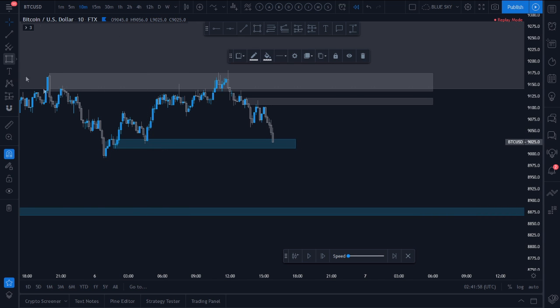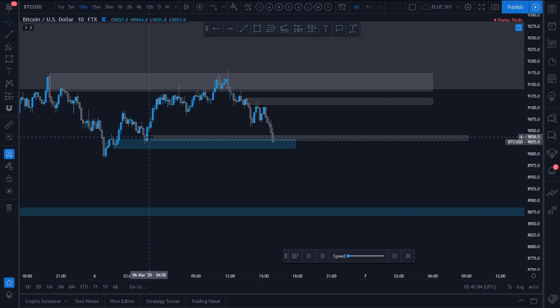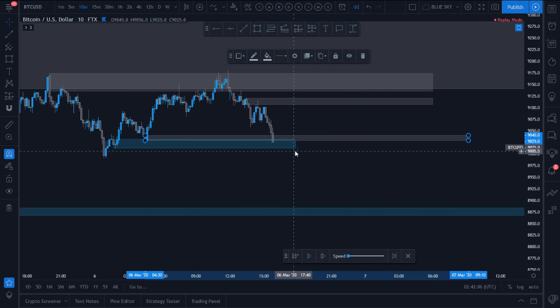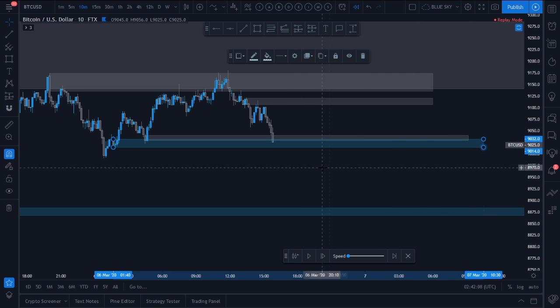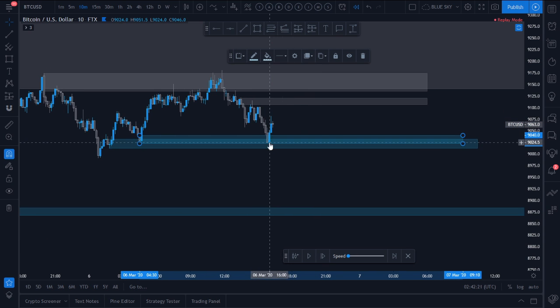Also, guys, we have this new demand zone that we could have marked. Although this lower one is still active and still valid, we can just throw this one on top of it. Okay. And bam.